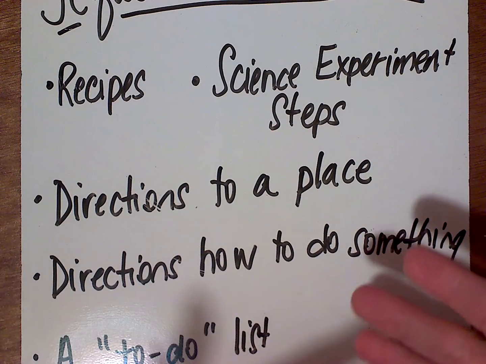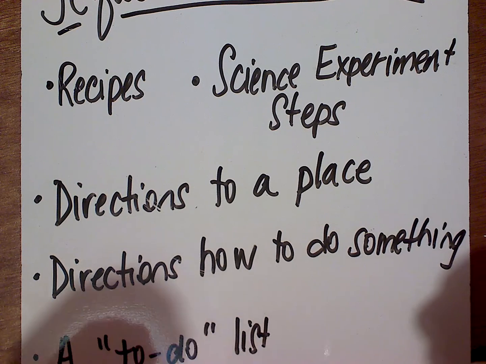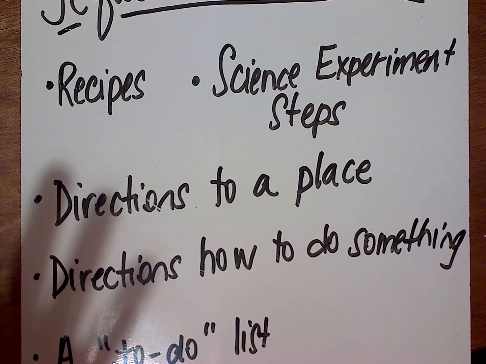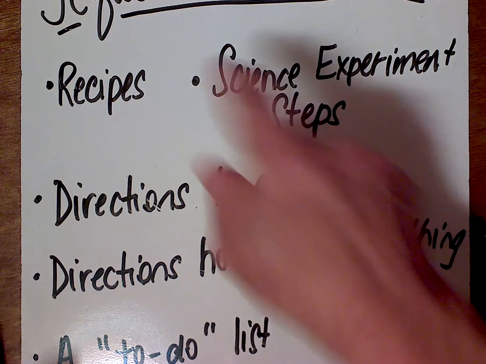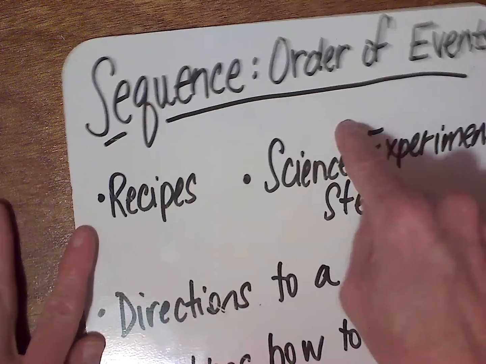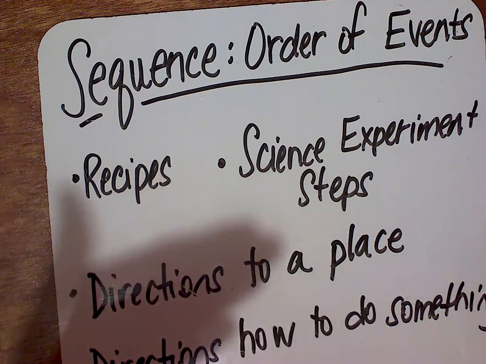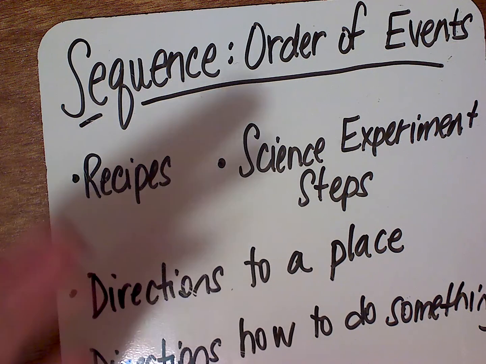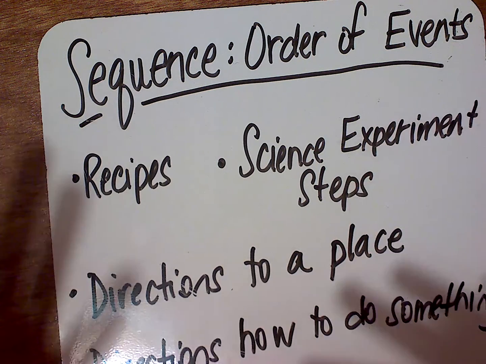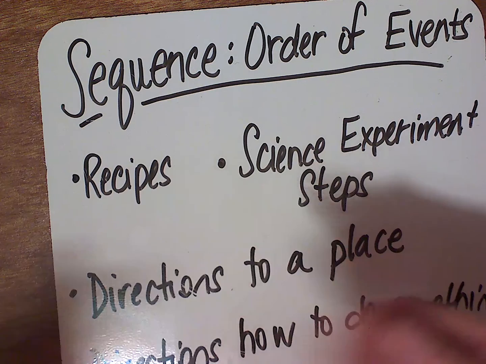For example, you might describe how to make a sandwich using sequence, or order of events. You would start out by saying first, and these are your clue words: first, second, next, finally, afterwards, then. All of those are telling you it has to be done in an order.